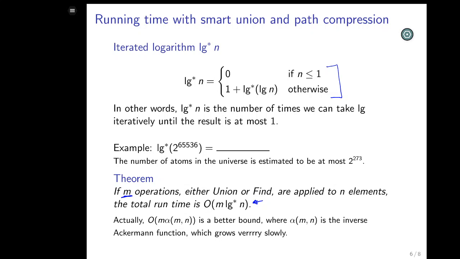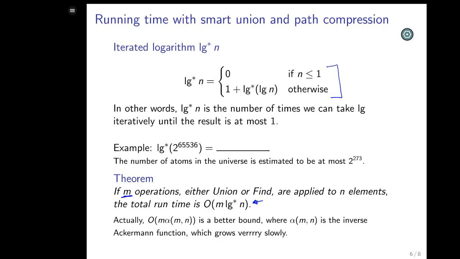You may remember the definition of log. Log of n is 0 if n is less than or equal to 1. And log of n is 1 plus log of what?